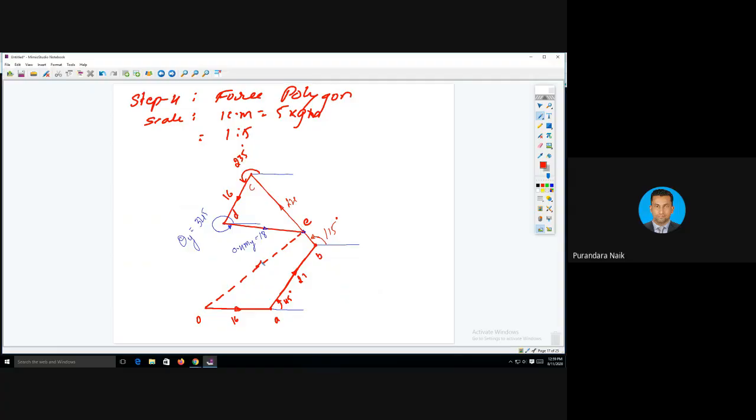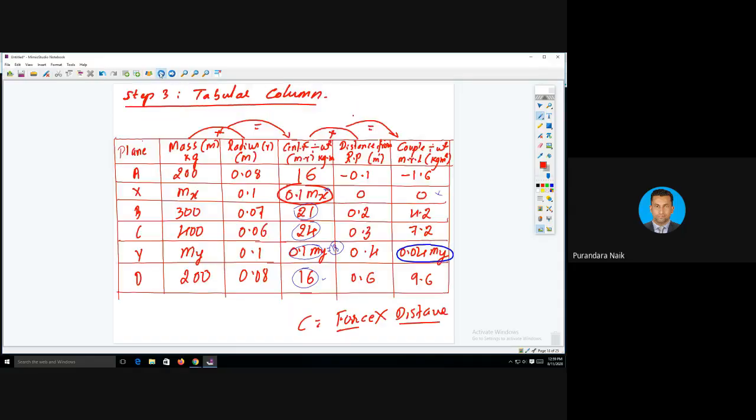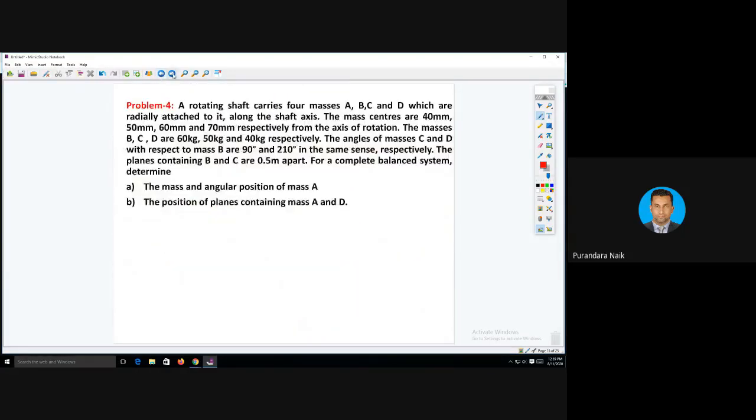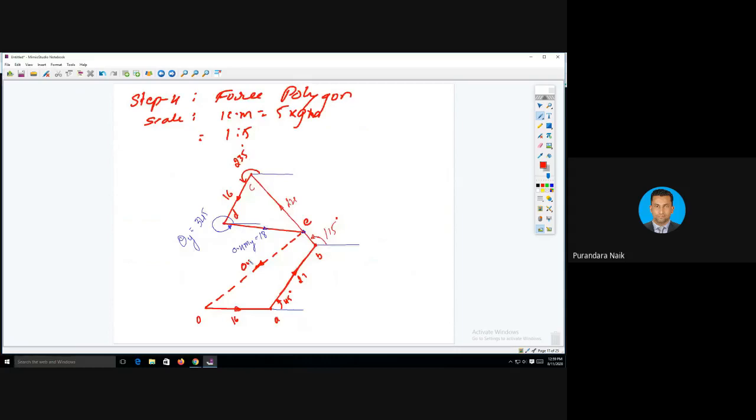This is the remaining unknown mass, 0.1 mx. And for the corresponding angle, draw the reference horizontal line. This will be the angle theta x.